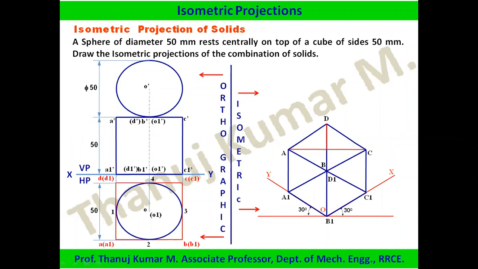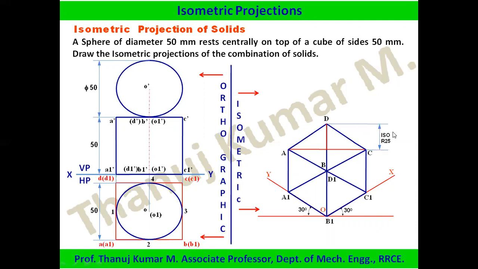That is being converted into isometric scale. The radius is 25 mm, and I'm converting it into isometric scale. That is 25 into 0.8164, and I'm measuring it here on the vertical distance.